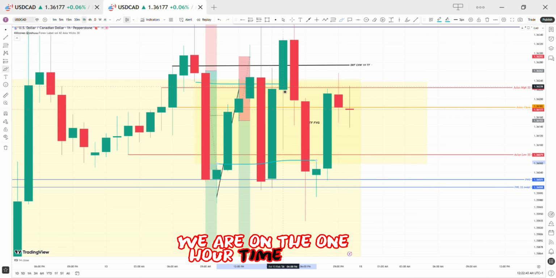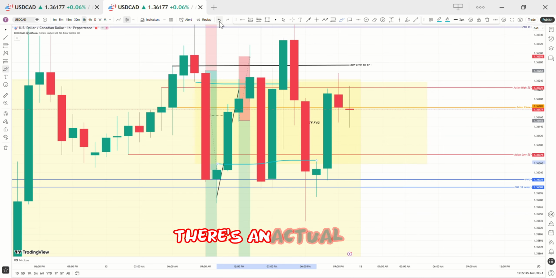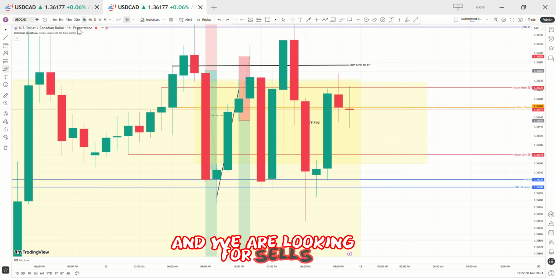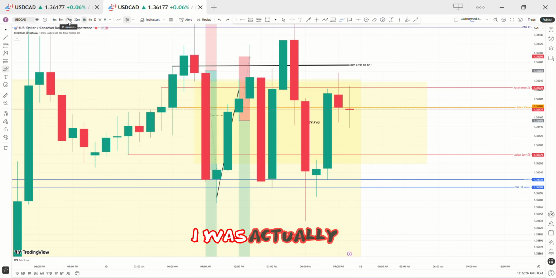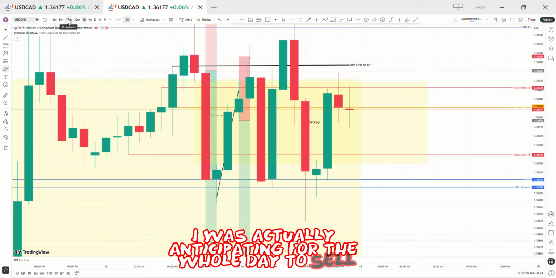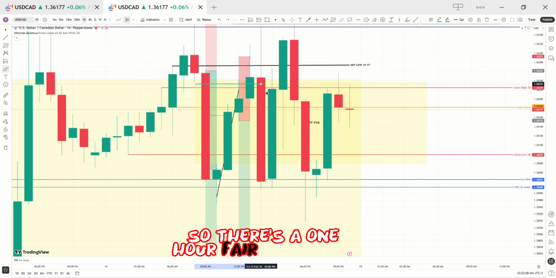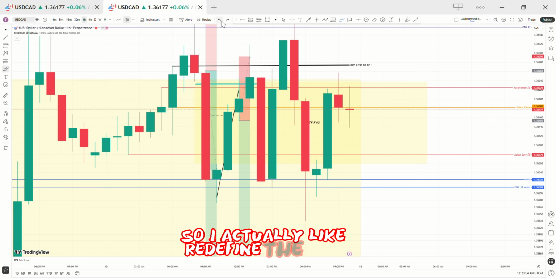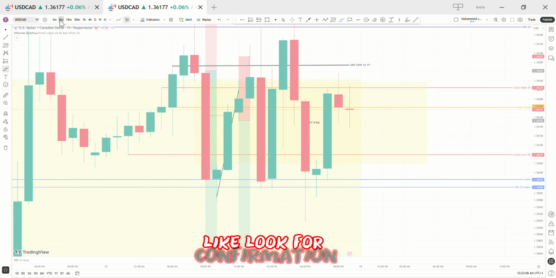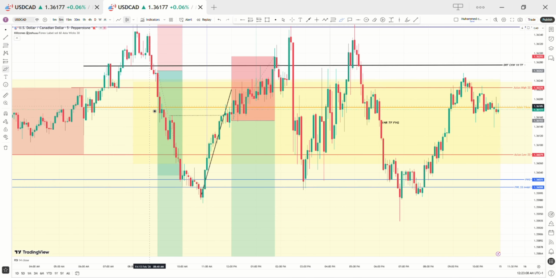We are on the 1 hour time frame, and we are looking for sales, because I was anticipating for the whole day to sell. So I look for confirmation inside the fair value gap.